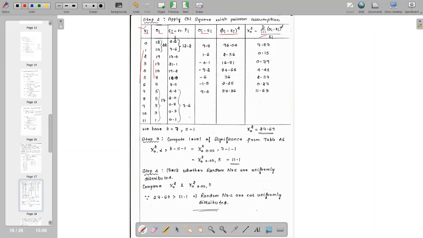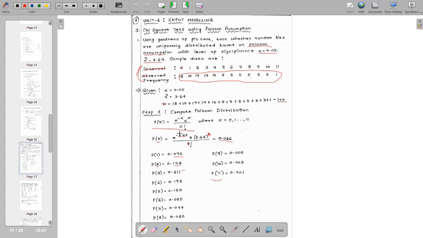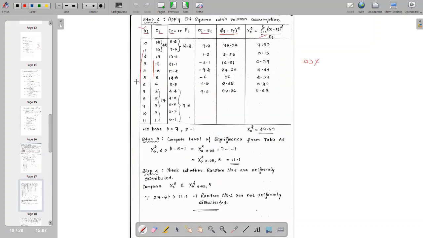Now we need to find ei. The ei for the first interval is N, which is 100, into the Poisson value for 0. So p0 we got as 0.026. Multiply 100 into p0, 0.026, and we will get 2.6.